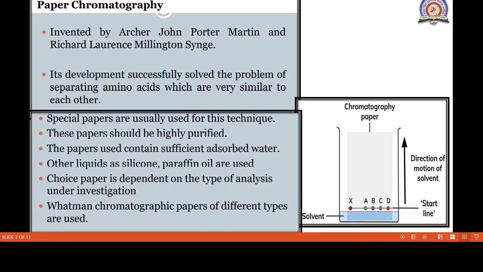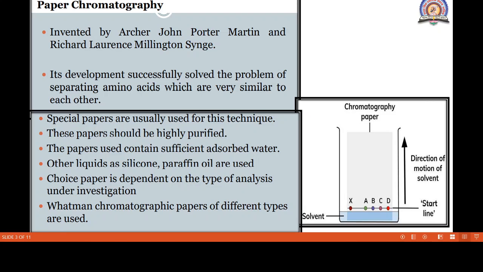This paper should be highly purified, and the paper used contains sufficient adsorbed water. Then other liquids such as silicone, paraffin, oil are also adsorbed on that paper. Okay. The choice of the paper depends on the type of analysis under investigation.